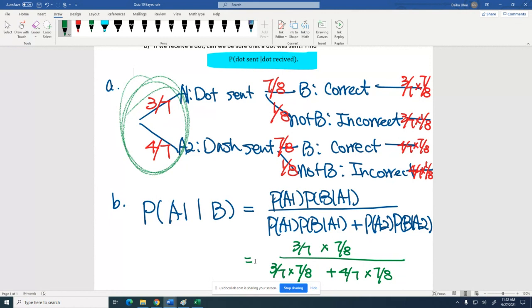It's basically 0.5 and 0.875. Could be wrong. What did you round it by? Decimal? Yeah.